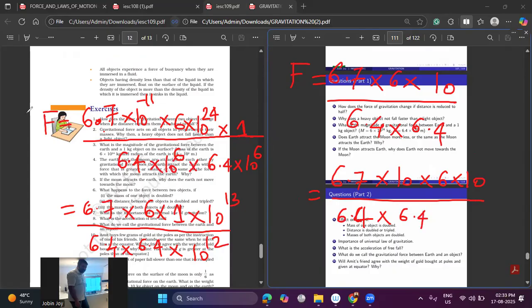So for the first number 6.4, I will multiply 6.4 into 10 to change this decimal into 6.4 into 10. That means I multiplied 10 into 10 in the denominator. So I have to multiply 10 into 10 in the numerator also.